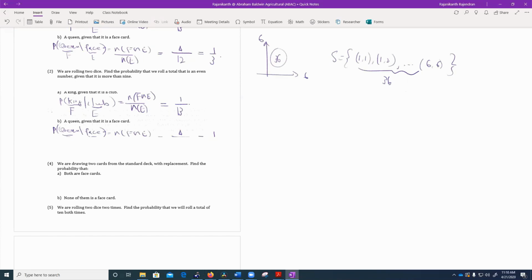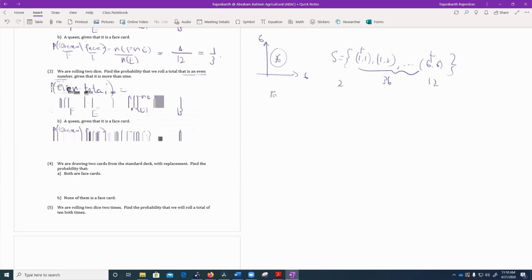The question is, find the probability that we roll an even total. Remember, when you add these two, you get the total. The minimum total is 2, the maximum is 12. So for any number from 2 to 12, including 2 and 12, you have to look for the even numbers.